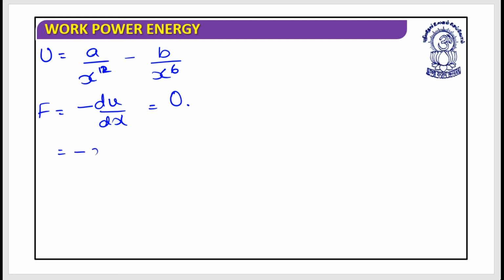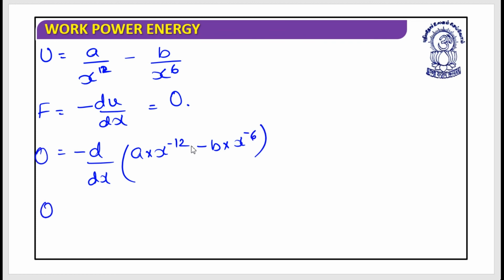So let's differentiate: minus d by dx of A into x to the power minus 12 minus B into x to the power minus 6, and this should be 0. So 0 equals A multiplied by minus 12 into x to the power minus 13 (when I say x to the power n, the derivative is n into x to the power n minus 1), minus B into minus 6 into x to the power minus 7, and this equals 0.